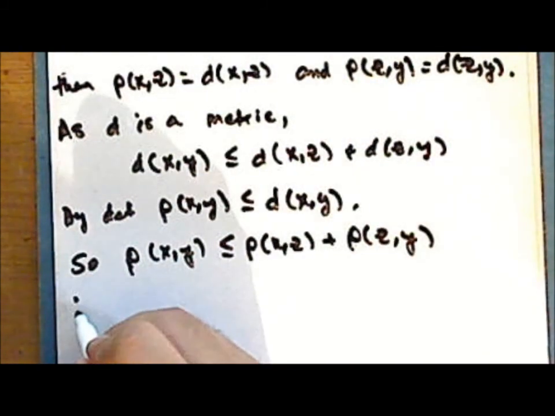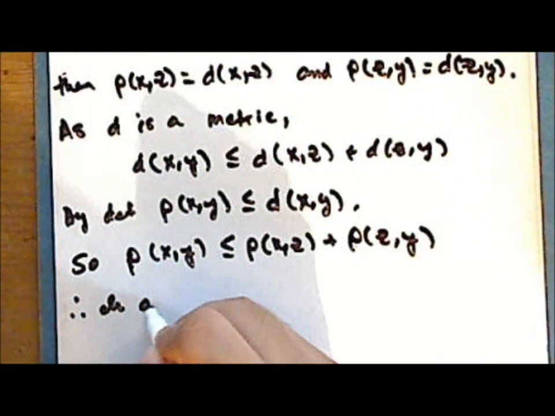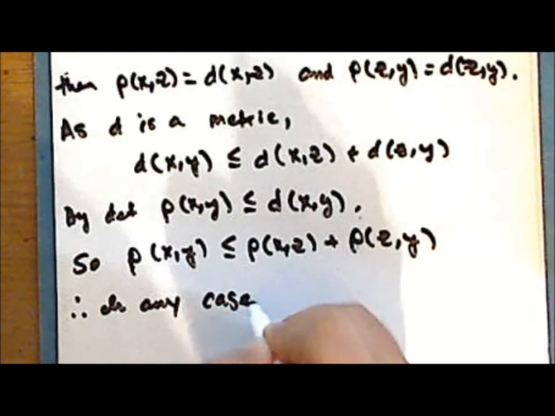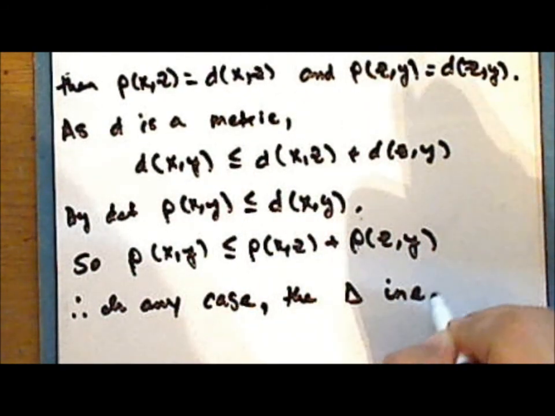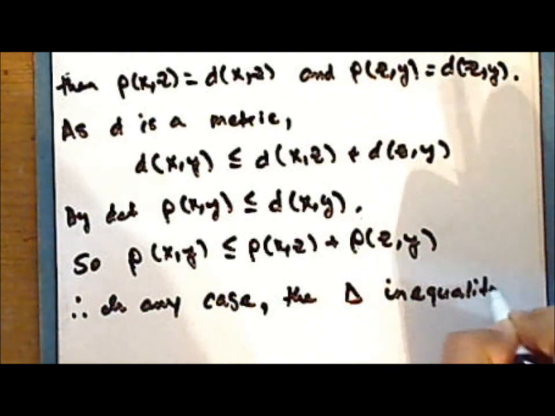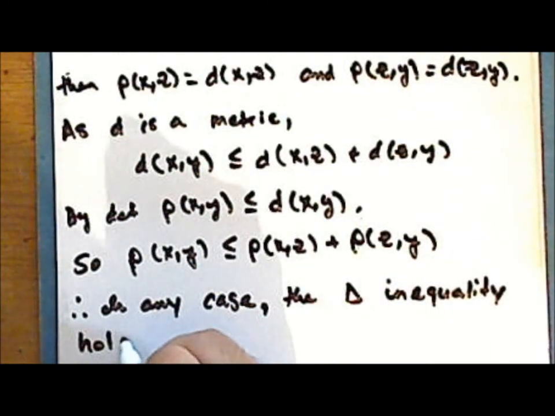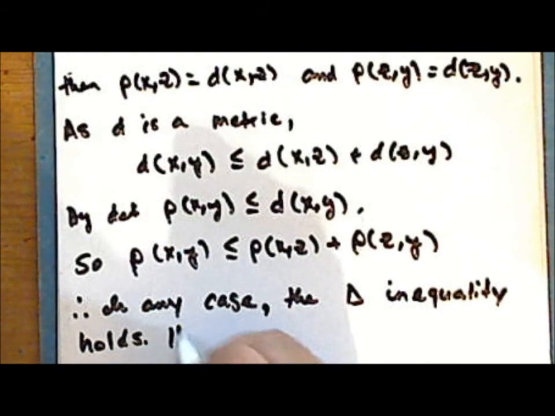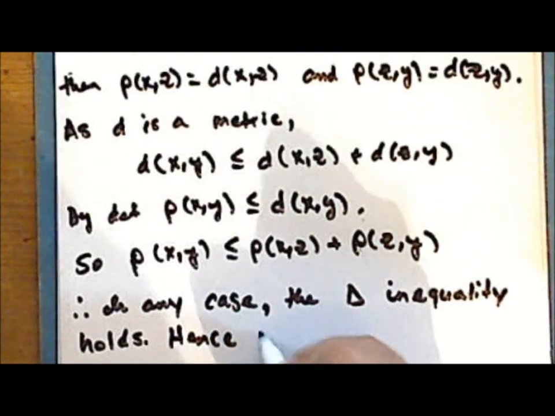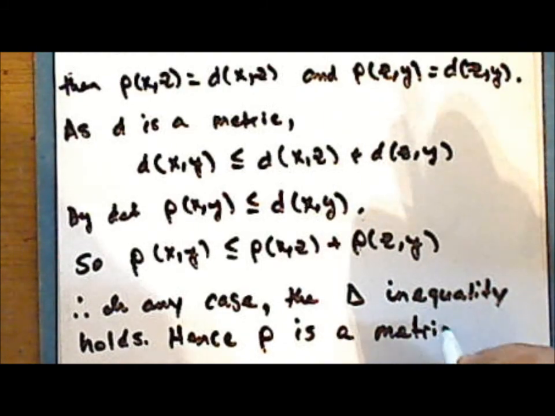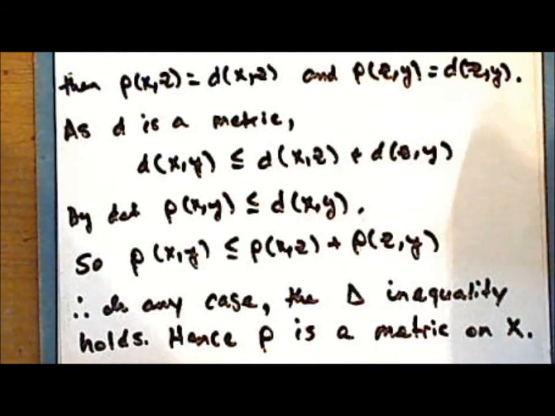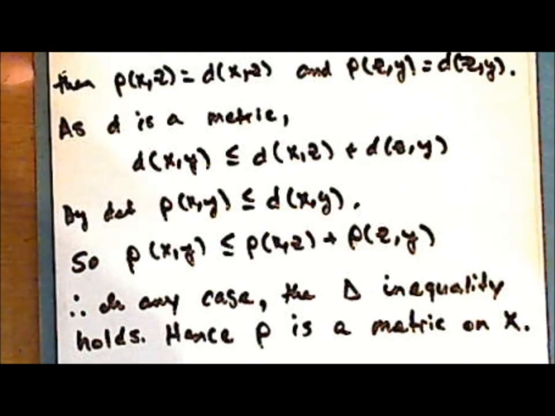So in any case, the triangle inequality holds. And hence rho is a metric on the set X. All right.